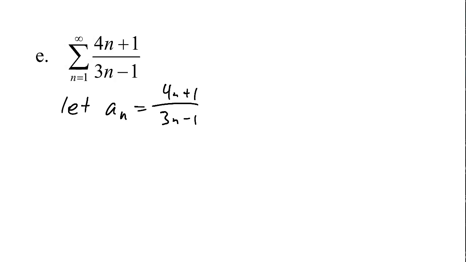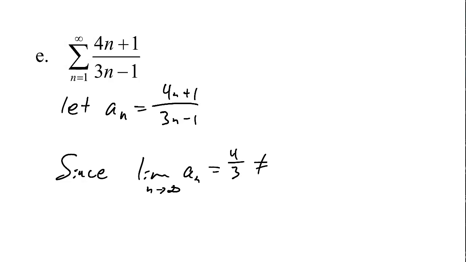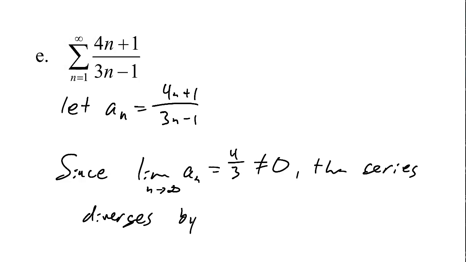But I need to then say, since the limit as n approaches infinity of a sub n is 4 over 3, by our horizontal asymptote type deal, which is important because it is not equal to 0, the series diverges by the nth term test.